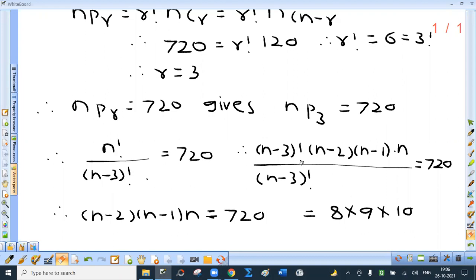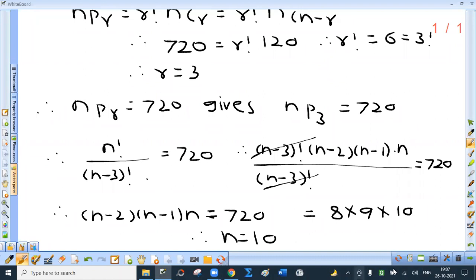Now what is n factorial? n minus 3 factorial into n minus 2 into n minus 1 into n. Now n minus 3 factorial gets cancelled. So it is n minus 2 into n minus 1 into n, 720. Like LHS, we express RHS also as a product of 3 consecutive natural numbers, and therefore n comes out to be 10.